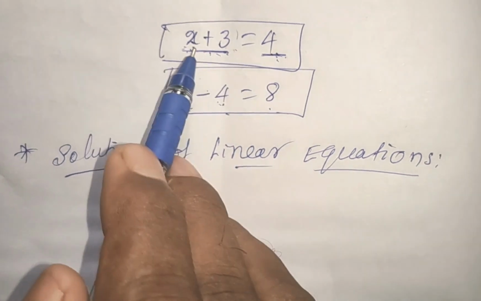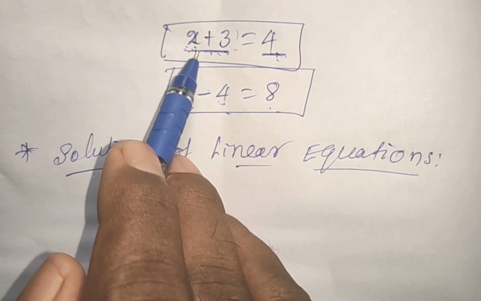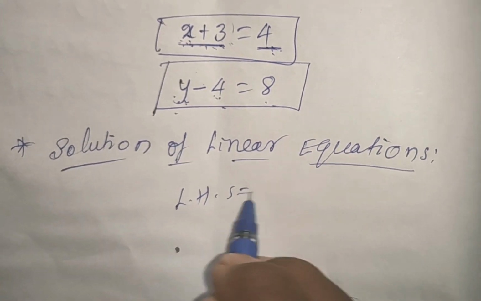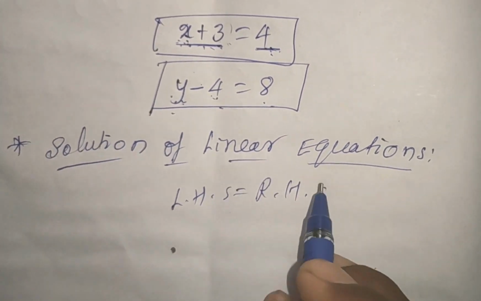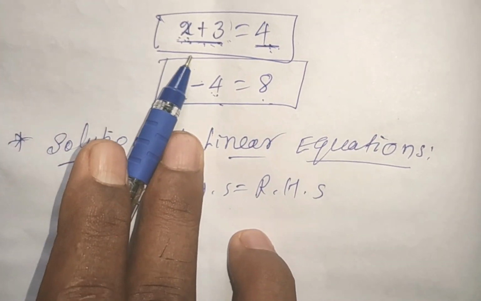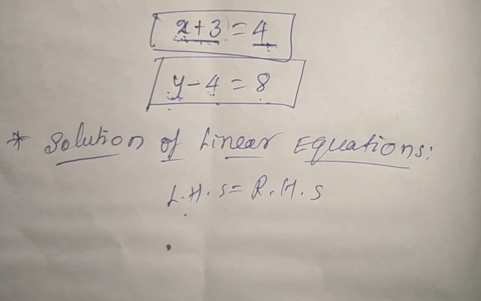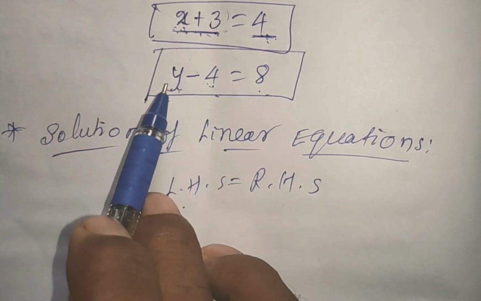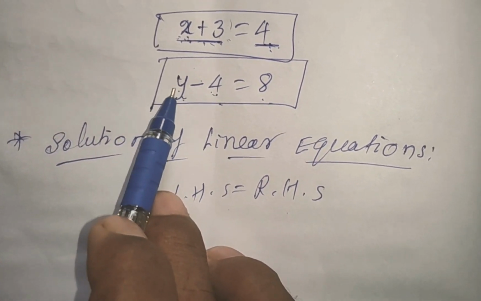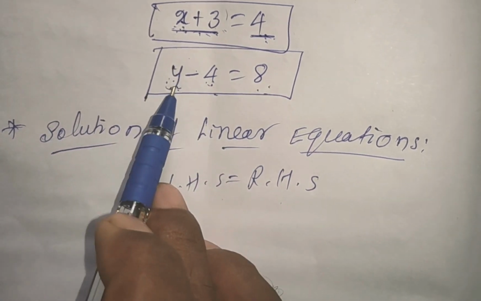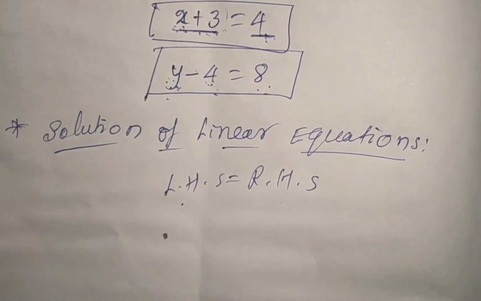To find the value of an unknown or any variable, we should get LHS equal to RHS. That means the value of that variable should satisfy LHS as well as RHS. Then here if we put y value 12, 12 minus 4 is 8. So here also 8. Therefore, y is equal to 12 is the solution of the linear equation.